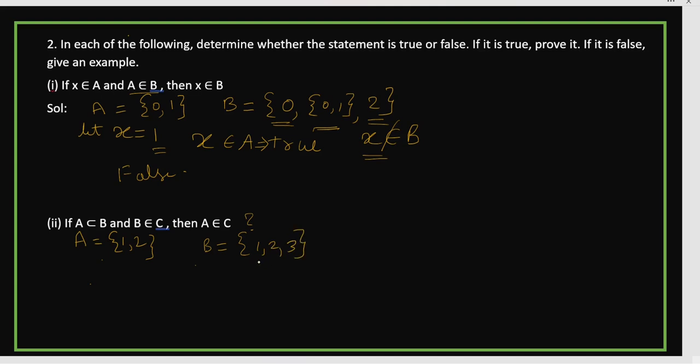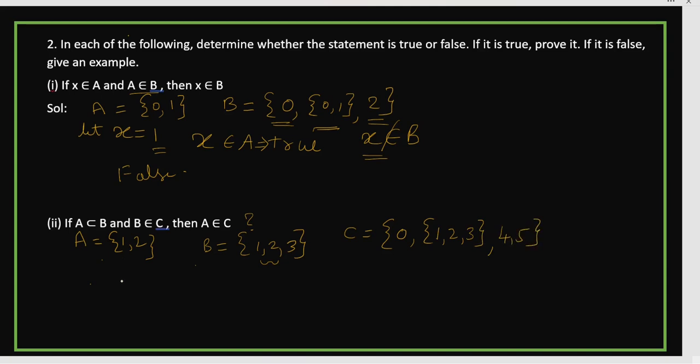So definitely A is a subset of B because all the elements of A are present in B. Now we write C. B belongs to C, that means B is present inside C and some more elements.